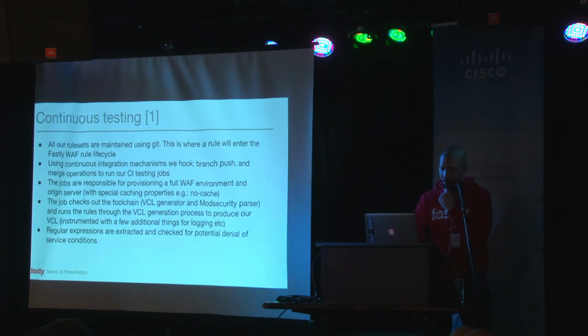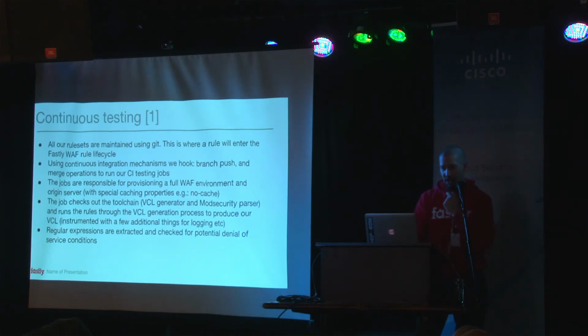One thing worth noting is that we had to provision a special HTTP responder that tells Varnish not to cache any of the data, because we were running into problems where certain data was cached, and therefore the WAF code wouldn't run because we weren't actually fetching from origin.